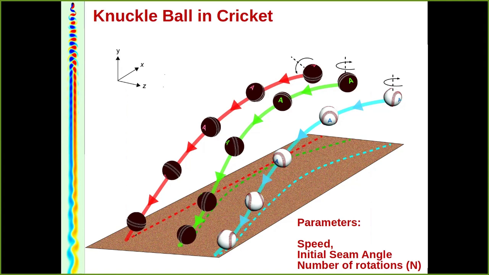I think this is not going to give a knuckleball. The proposal is to have a ball with spin in the vertical plane. This will lead to a motion of the seam like this, and it will give rise to this zigzag motion, and that would be a true knuckleball.